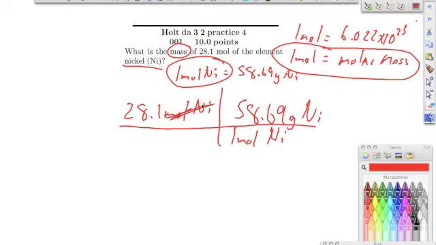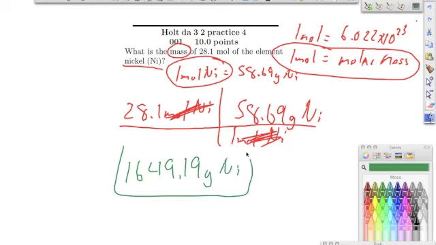And we see that the unit moles cancel. What we ended up doing is multiplying our moles times our grams, and we should get an answer right around 1649.19 grams of nickel for our answer. All we did to get that is we just multiplied the top, and we essentially divided by 1.